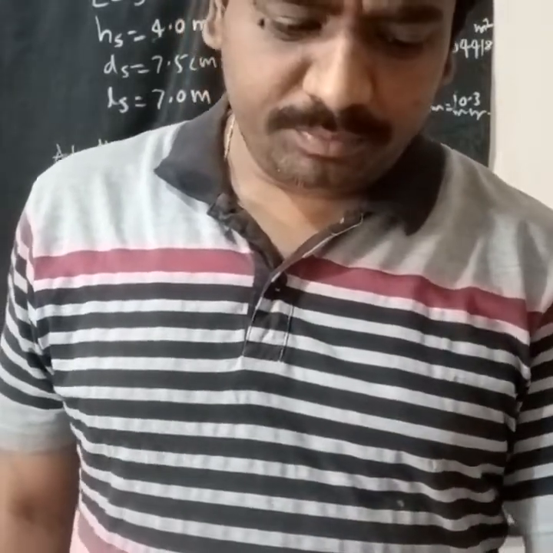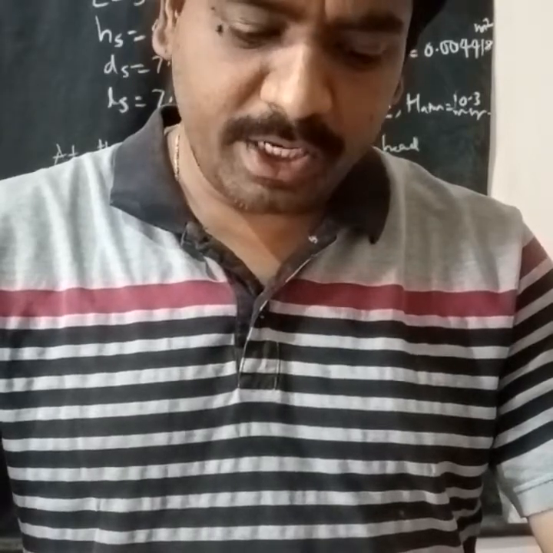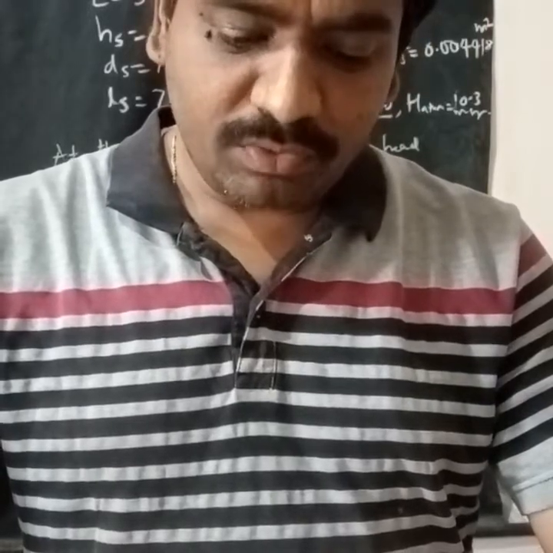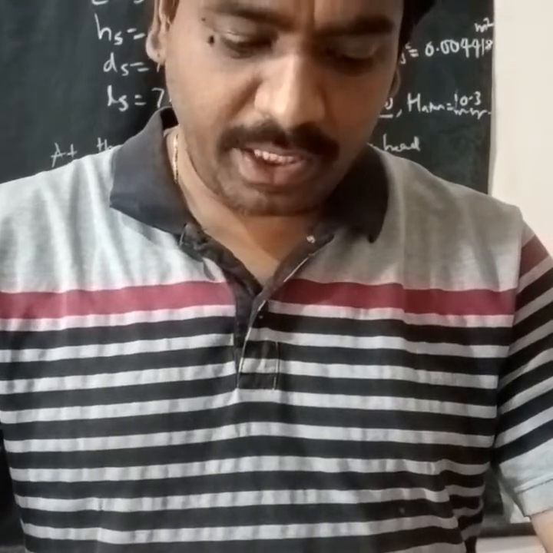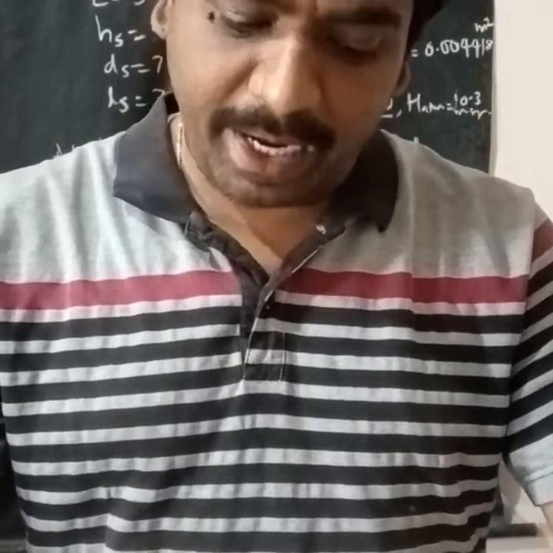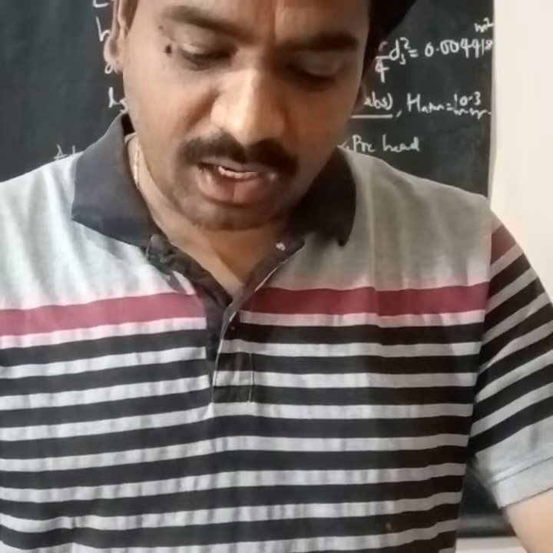The diameter and stroke length of a single acting reciprocating pump are 12 centimeter and 20 centimeter respectively. The lengths of suction and delivery pipes are 8 meters and 25 meters respectively. So suction pipe 8 meter, delivery pipe 25 meter, and their diameters are 7.5 centimeter.